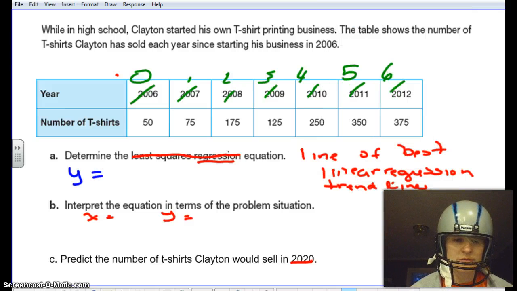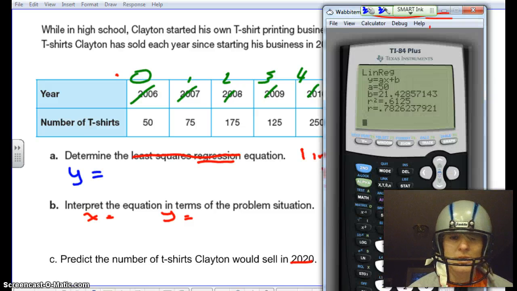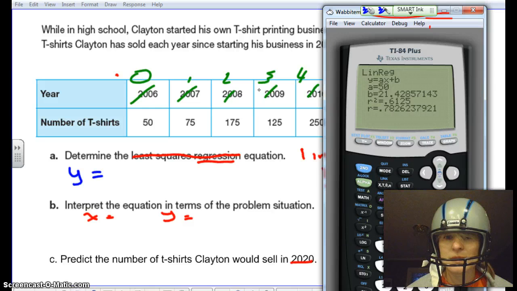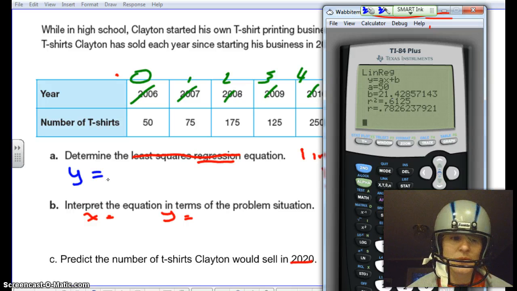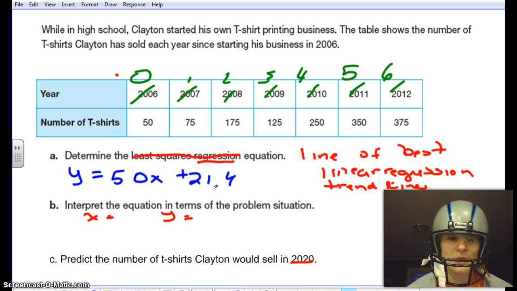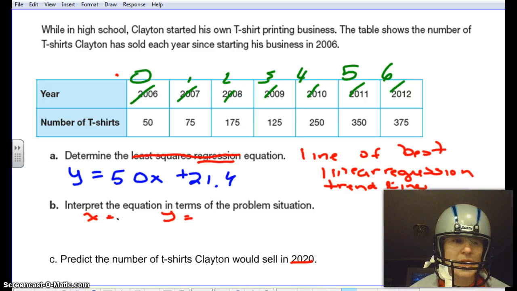Y equals, let's see, A is 50, and then B is 21.4. So we'll have 50x plus 21.4.